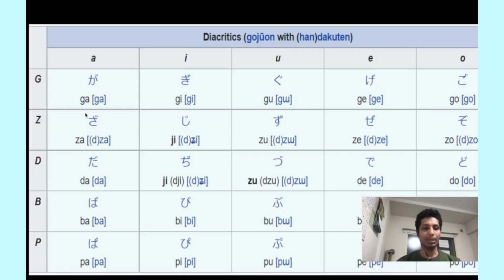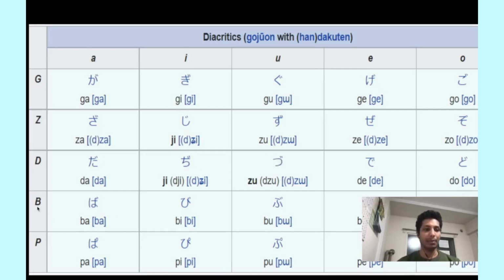Then when I put tenten, it changed to za. So za, ji, zu, ze, zo. This is ta, but because of the tenten, it becomes da. So da. Okay, here we need to take care that this becomes not di but ji, right? It was chi, so chi becomes ji. And then de, then do.